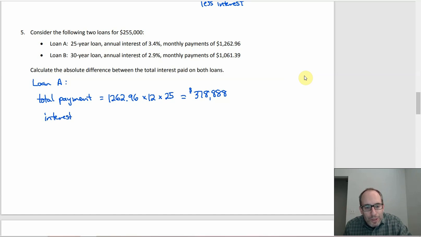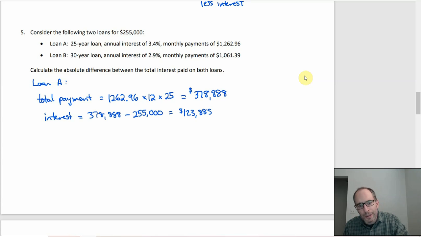But then the interest would just be the difference between the total payment and the principal. So it would be the $378,888 minus $255,000. And so what you would get there is going to be $123,888.